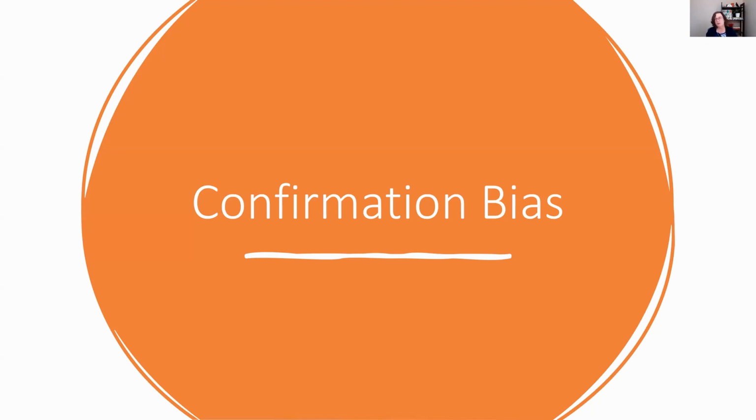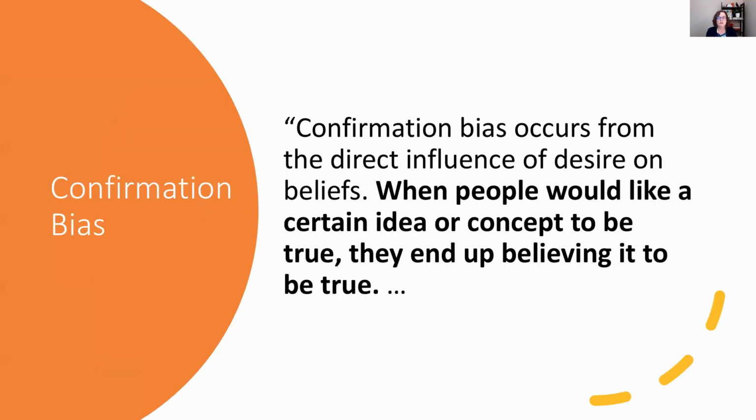Confirmation bias, you might have heard of this. It's been in the news and sometimes you'll see it on social media. Somebody will mention something about confirmation bias, but really, what is it? So I found this definition that says that confirmation bias occurs from the direct influence of desire on beliefs.